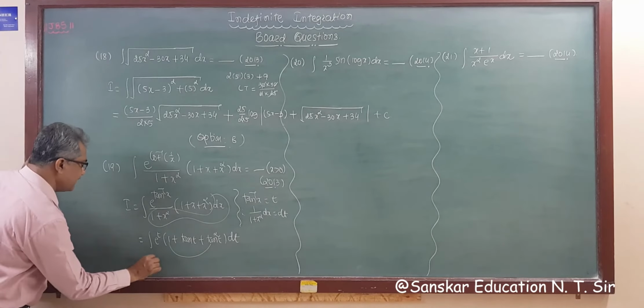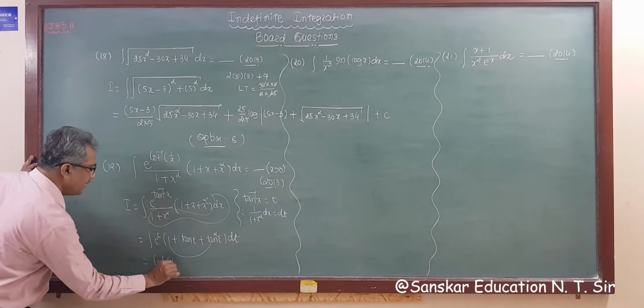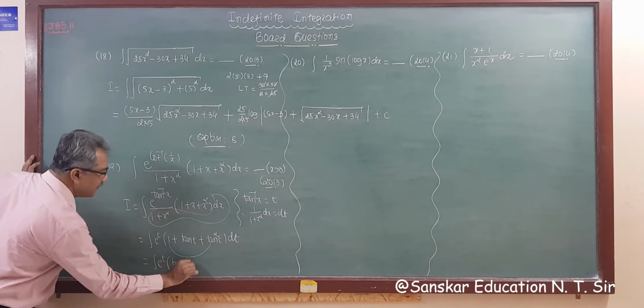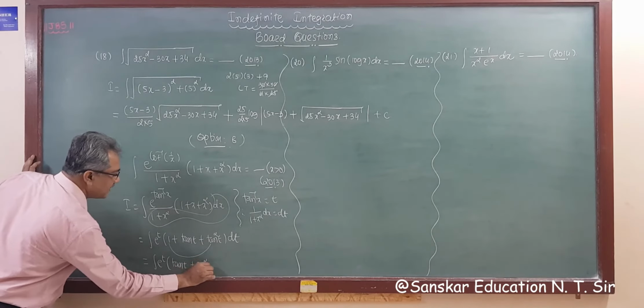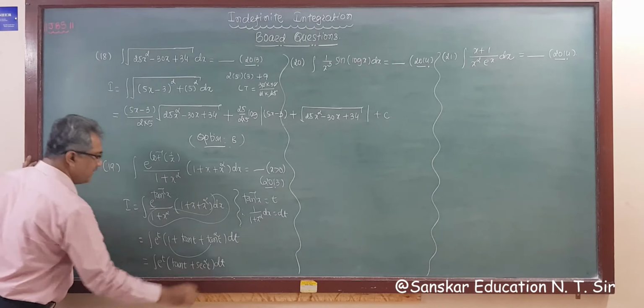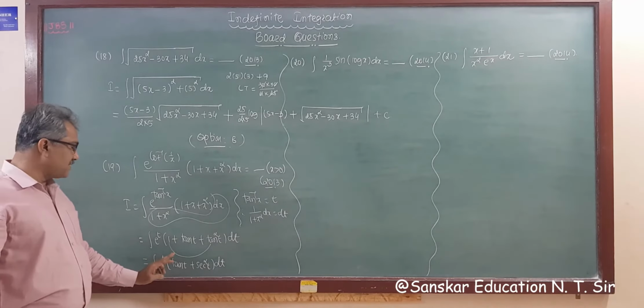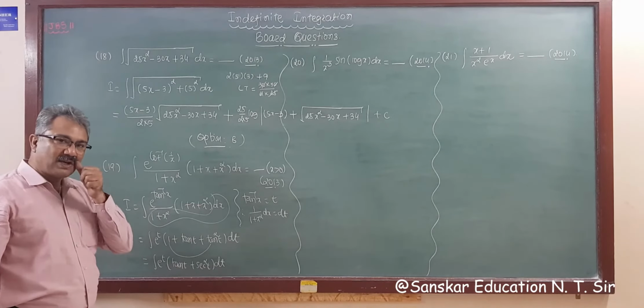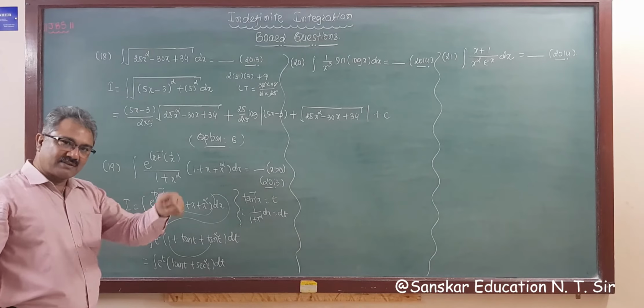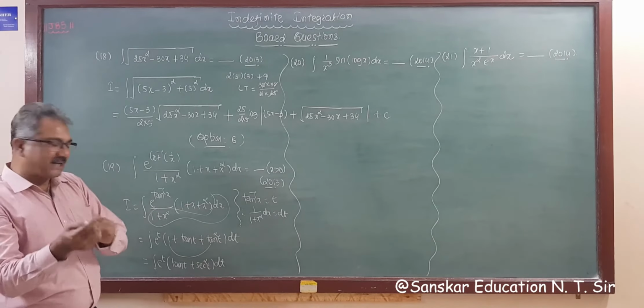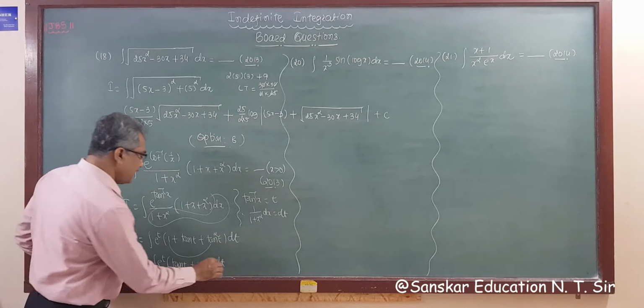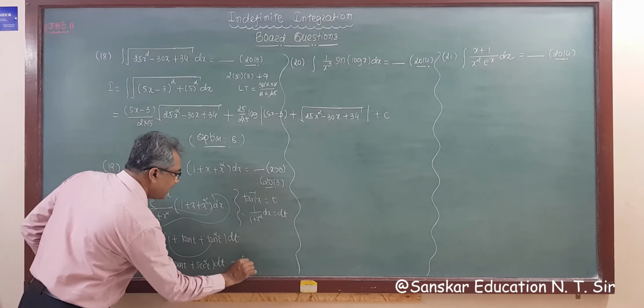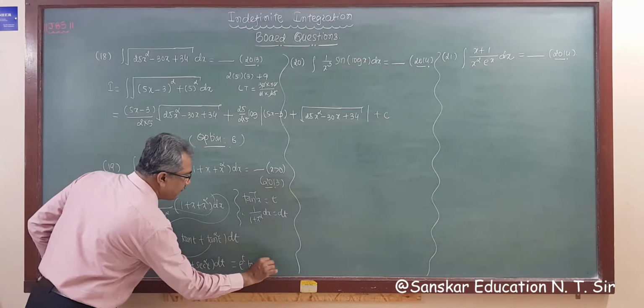So this is integration of e raised to t into (tan t plus sec square t) dt. Now e raised to t is outside, so this must be f of t plus f dash of t, whose derivative is sec square, or the derivative of tan is sec square. So this is f of t. So the answer is e raised to t into tan t plus c.